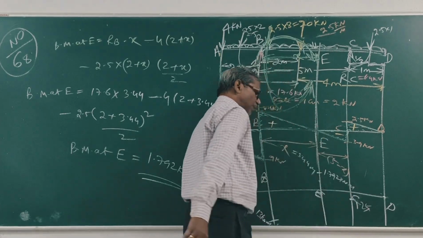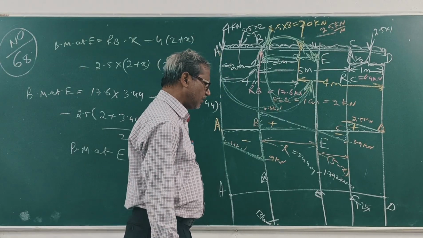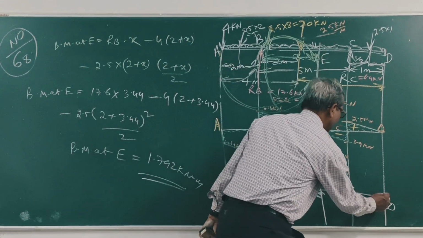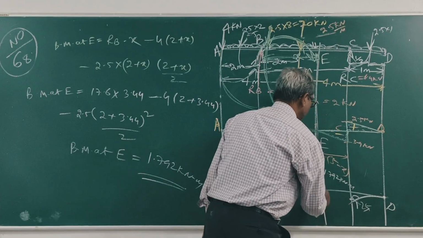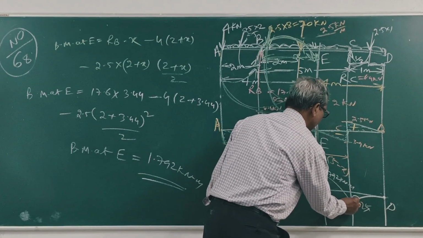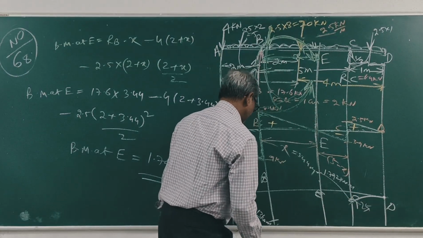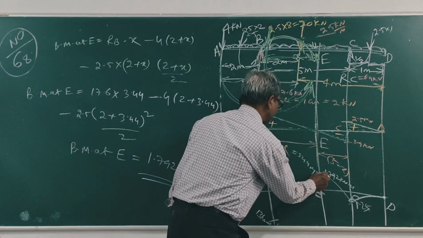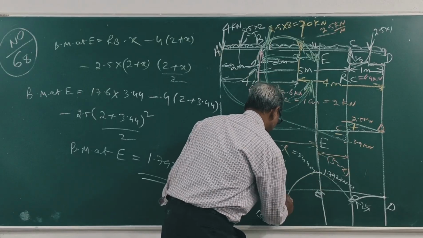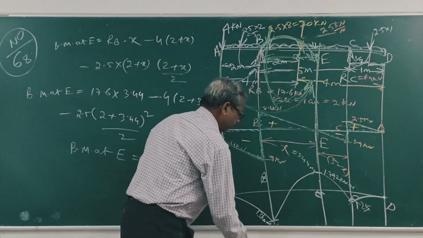All are parabolic. Clear? For joining, D to C, then C to E, then E to B, then B to A. Clear?